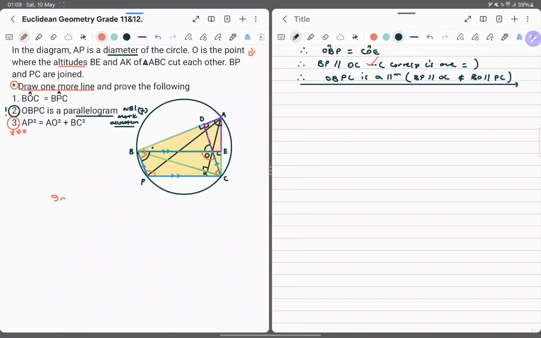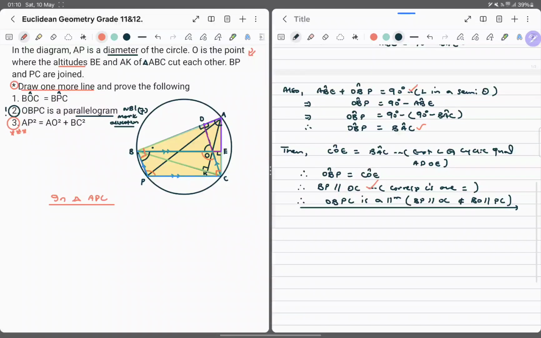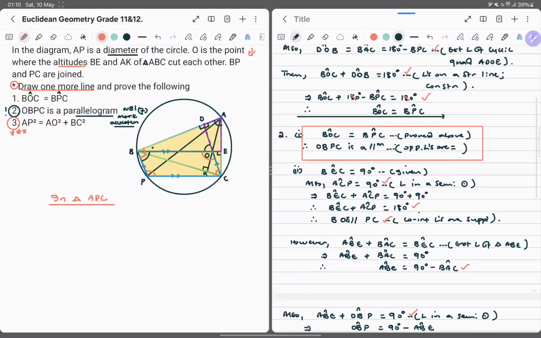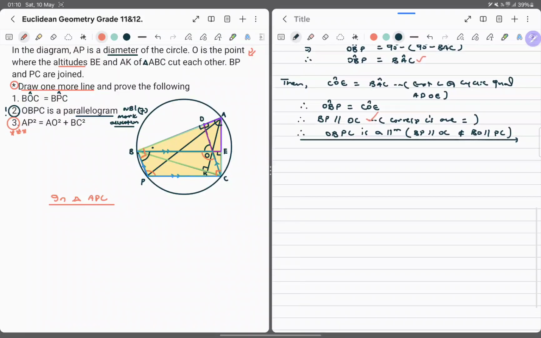Anyway, let's just look in triangle APC. We have already stated that this is 90 degrees. Did we? I don't think we used this part. Did we describe ACP or PCA? I don't think so. Okay, I called it ACP. Yeah, we did speak about it, that it's 90 degrees.